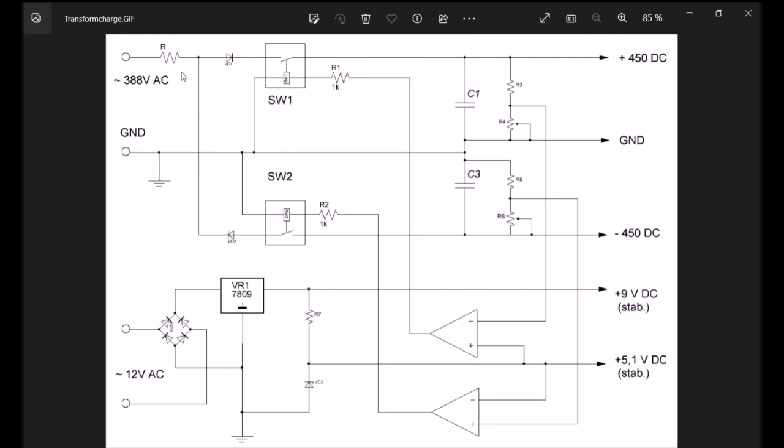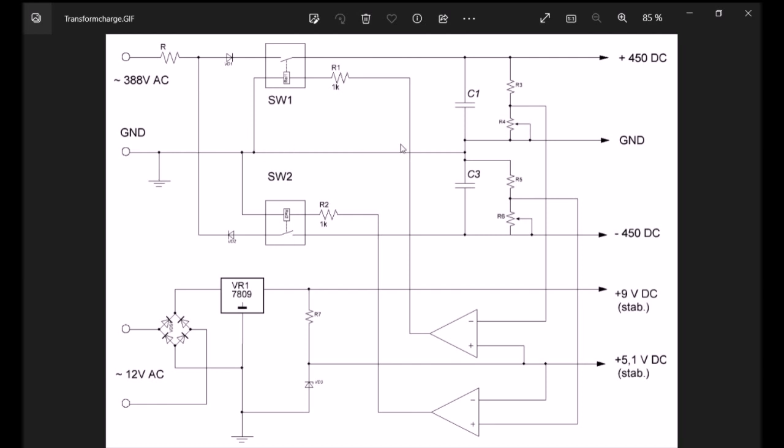This is a ballast resistor to reduce pulsations. These are controlling switches. I used opto-relays to realize these switches. They have a maximum rated voltage of 600 volts. It is much more than enough for us.